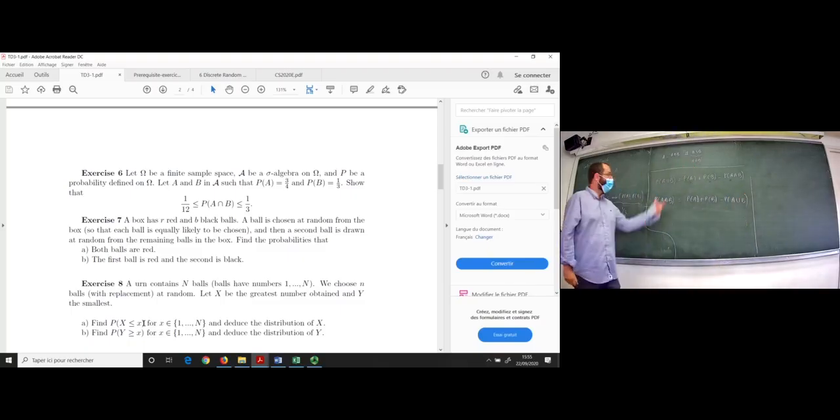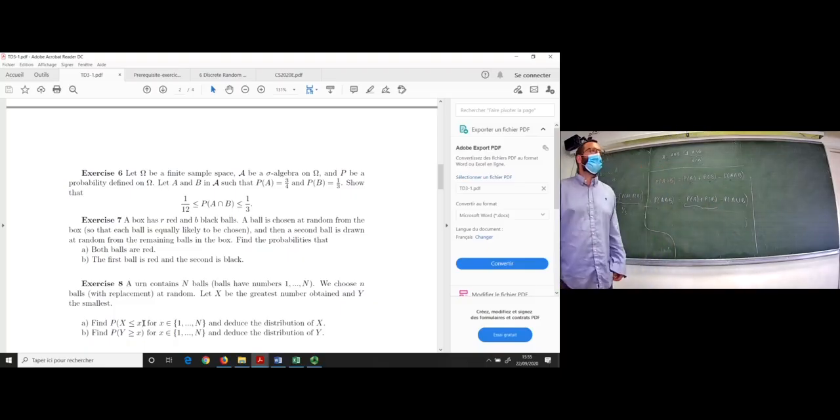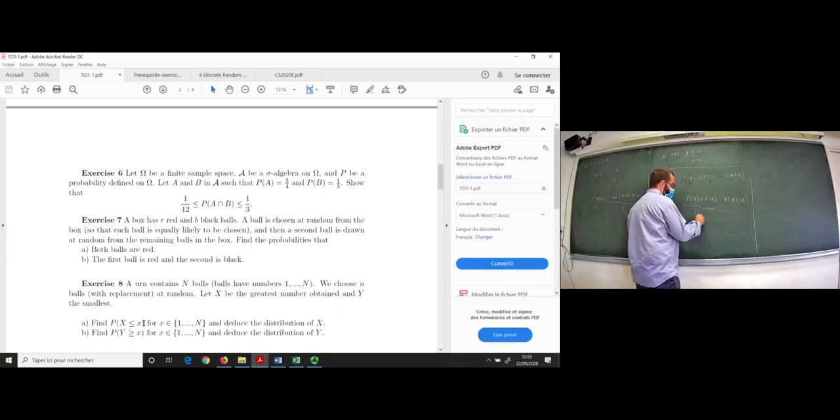We use this formula in general, but we have this. I know the sum of the two here. I have 3 over 4 plus 1 over 3. So I put everything over 12. So I have 13 over 12 for this one.